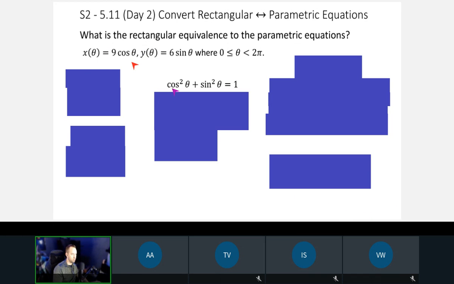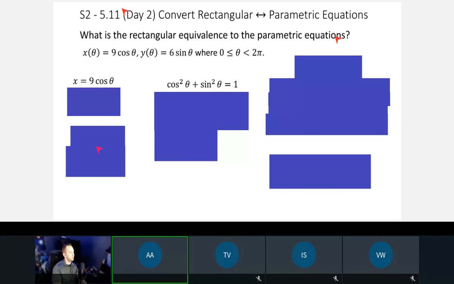Like, for example, in front of this cosine squared theta, there's an invisible 1 because you have one of them. Oh, okay. I got you. But in terms of a constant, like plus your 1, you just can't pull a dollar out of thin air and throw it in there. If it's not there, it's 0. So it's x over 9 then. Or 9, yeah, x over 9.